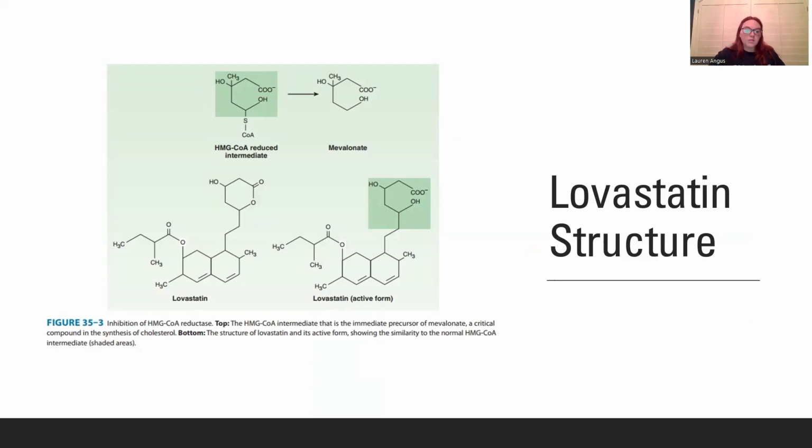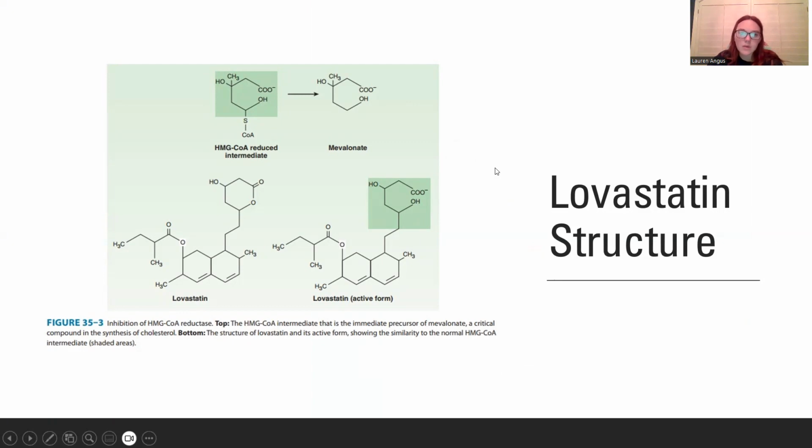Here is our lovastatin structure, and then this is the active form. This active form looks a lot like the HMG-CoA reductase intermediate, which is also where the binding occurs for your HMG-CoA reductase. So that will inhibit that enzyme.